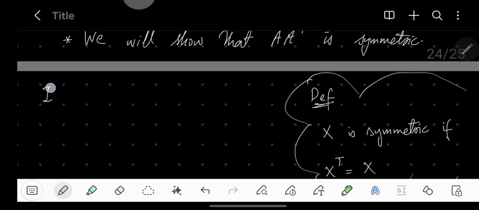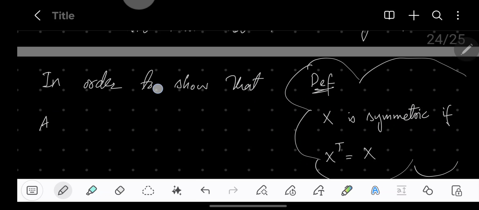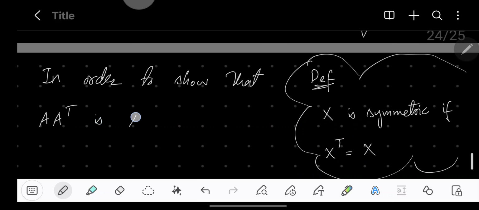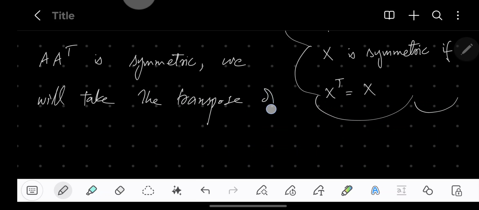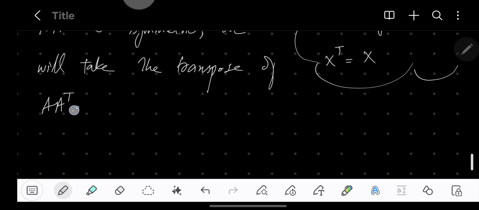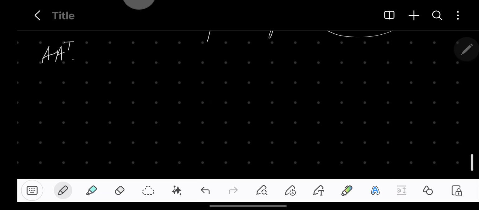So in order to show that A times A transpose is symmetric, we will take the transpose of A times A transpose, and we will check whether A times A transpose whole transpose is the same matrix as A times A transpose or some other matrix. So let's check.